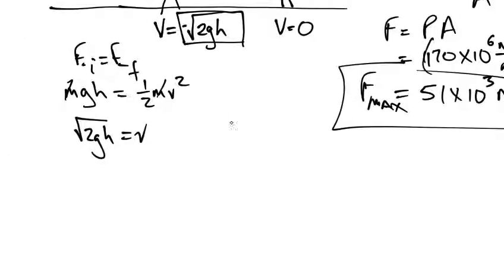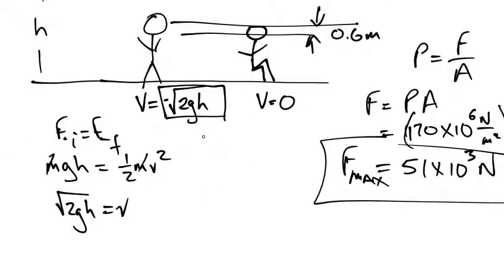Okay? Now, if we look at the body of the person at this point, let's draw a free body diagram here. At this point, we've got a force going down and a force going up. And the upwards force is going to be the normal force, and the downwards force is going to be the force of gravity.